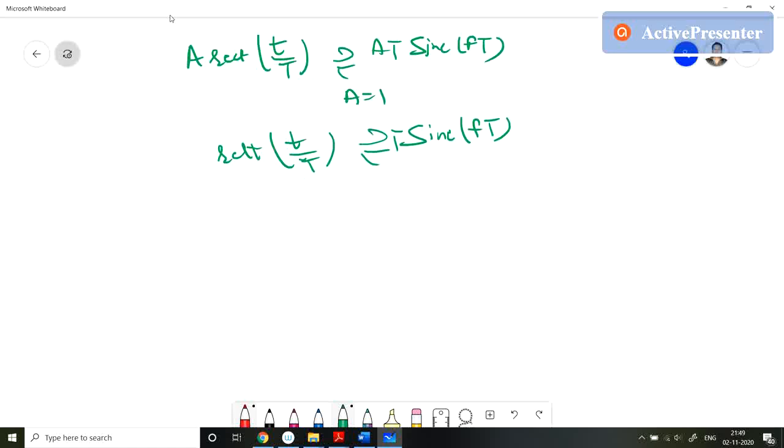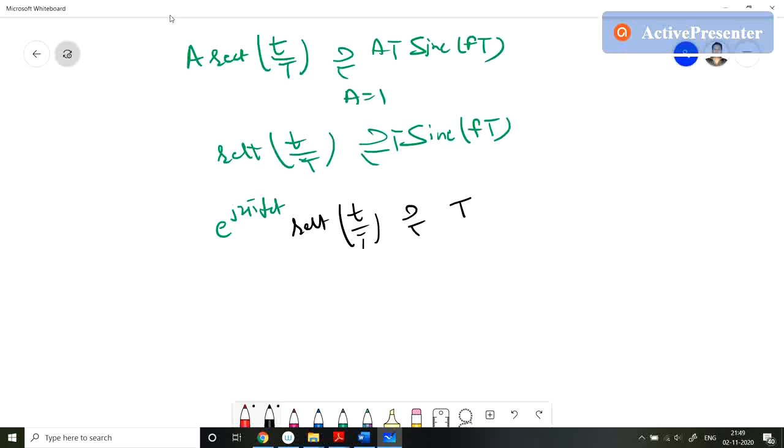Now we can apply the frequency shifting property. If we multiply this rect with e raised to the power j 2 pi fct and find the Fourier transform, it is equal to T sinc T times f minus fc.